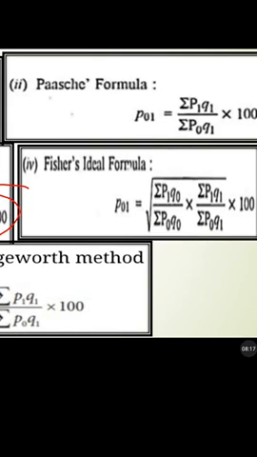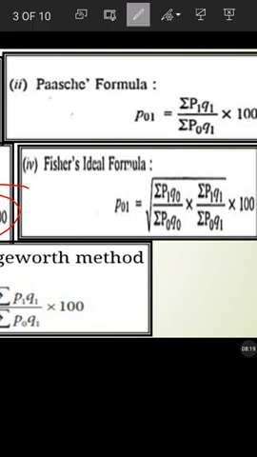Now moving on to Fisher's method. Here also you can see that I have taken the short formula L into P. What is L? L is Laspeyres' and P is Paasche's. So we are multiplying. Under Bowley's we added, but here we are multiplying. We are taking the symbol as multiplication.